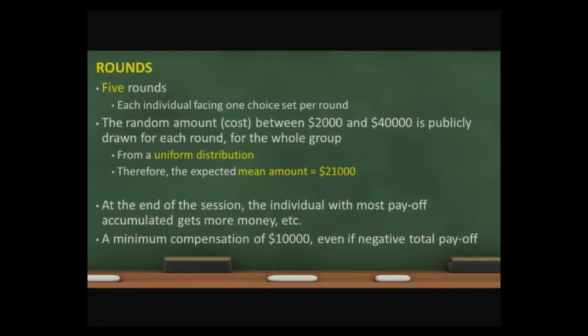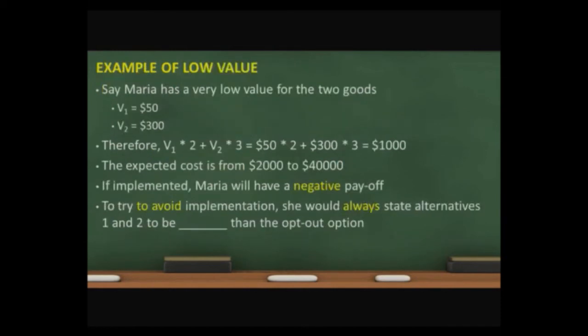So with that in mind, let's get an example, see whether we understand what's going on. Let's say Maria has a very low value assigned, okay? Only 50 and 300. It's too radical, no one got that, but just for the example. Therefore, this would be 50 and this would be 300.